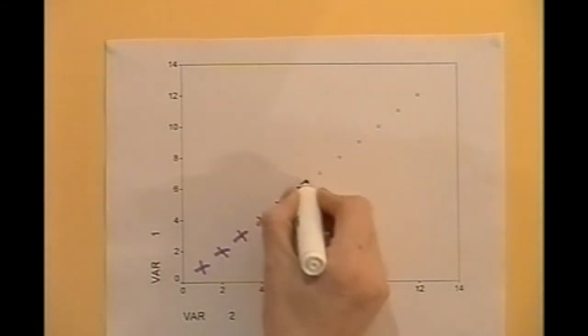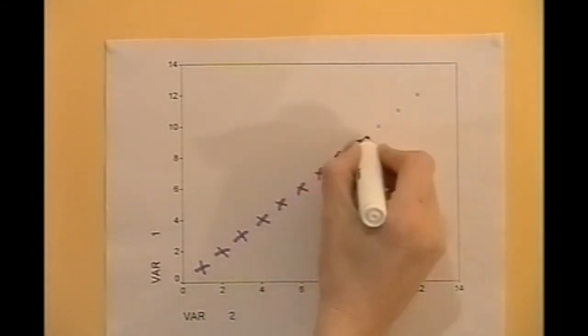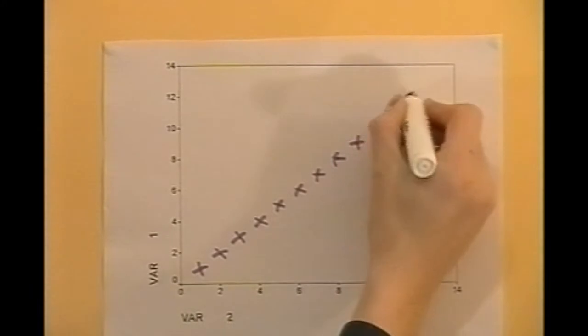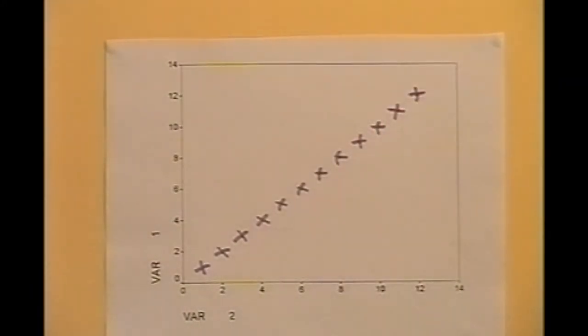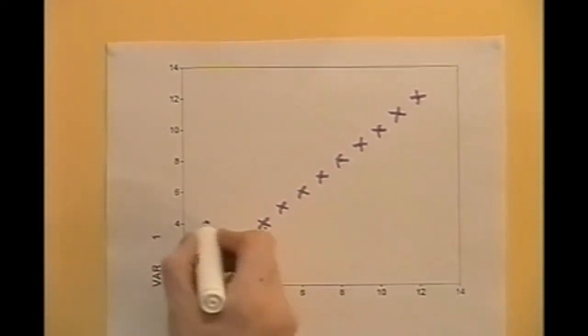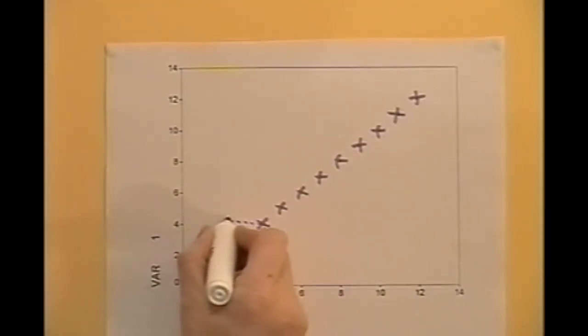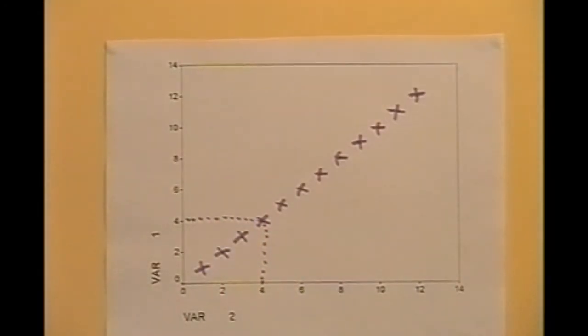These are all data points. Now what this is saying is when variable 1 equals 4, variable 2 equals 4 as well.